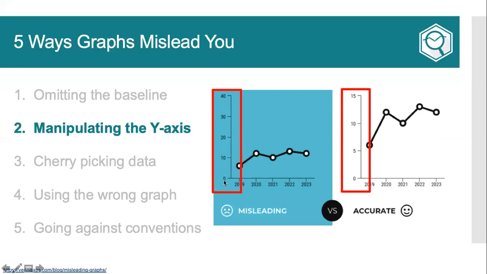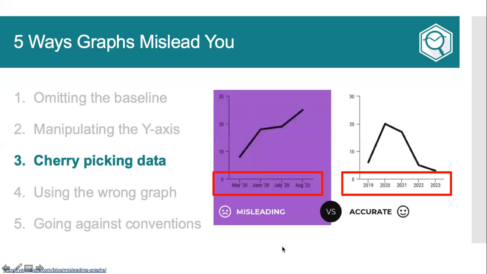So in this example, they've spaced the y-axis out so much that it looks like there's very little change year to year between your data points. Whereas in the more accurate example, the scale of the y-axis actually matches the spread that exists within your data, which means you're getting a more accurate picture of the year-to-year change within the data.